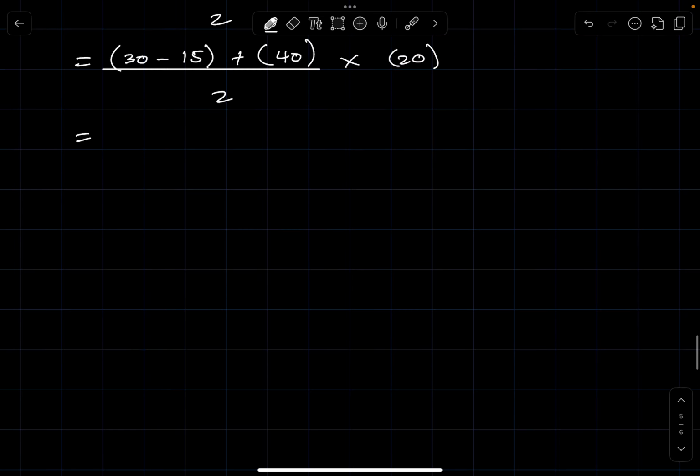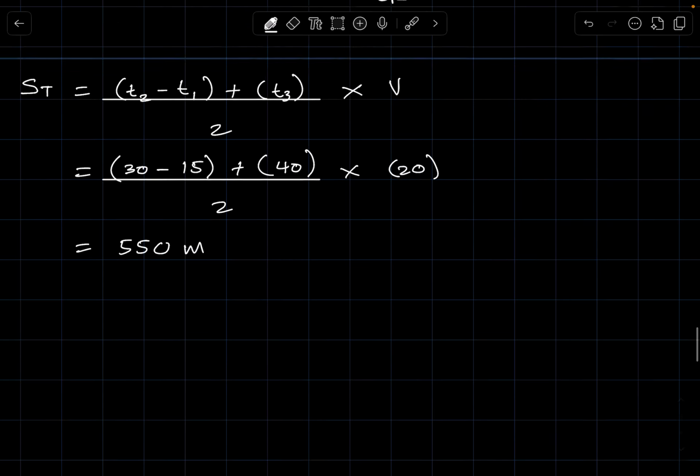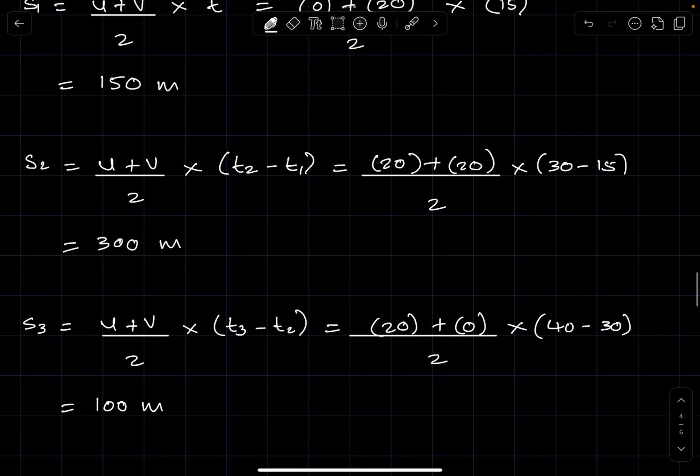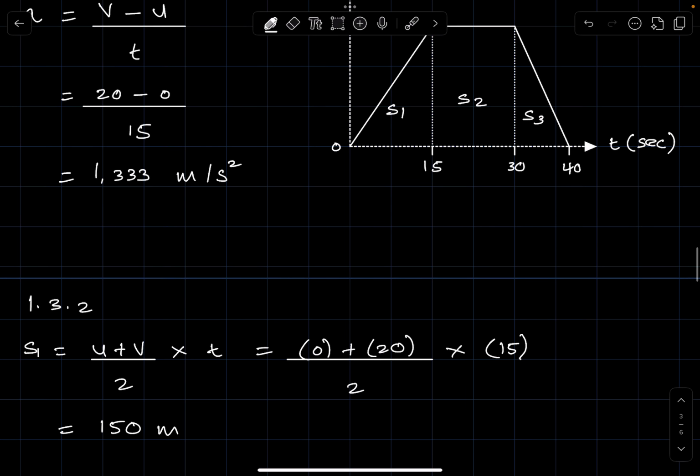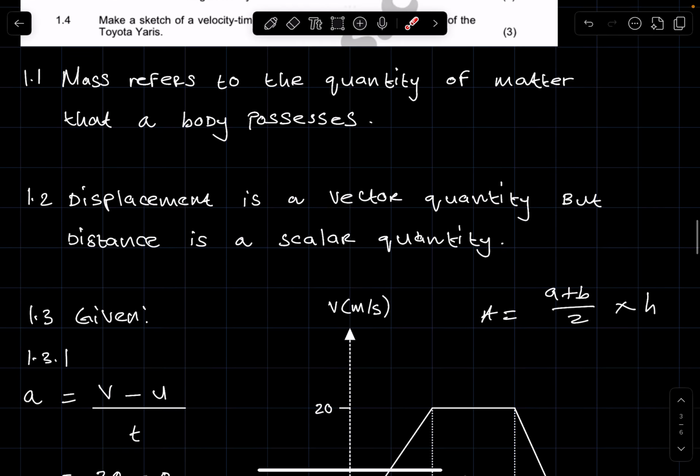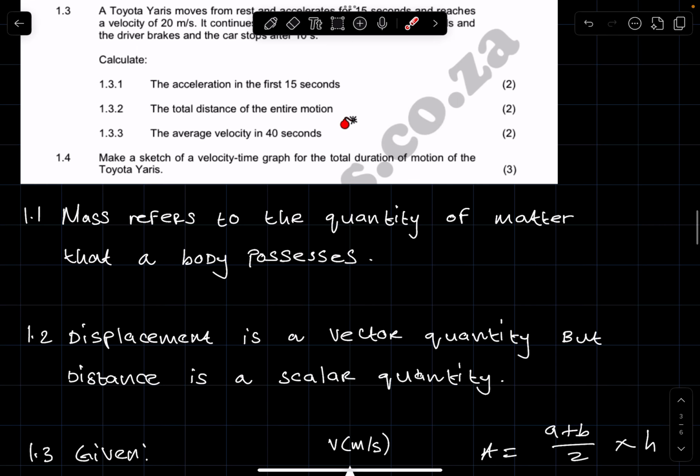So you should get 550 here again. So those are the three approaches you can use to calculate, for this problem, the distance moved by the car. They said the total distance moved by the car, or the total distance of the entire motion.